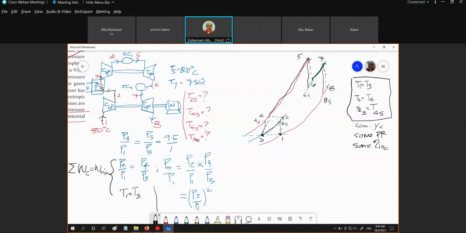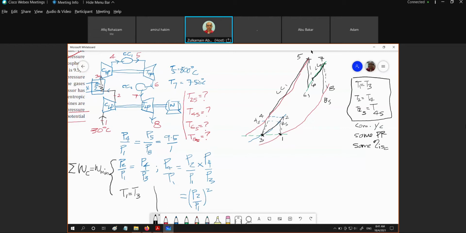So this is at CC1. This is at CC2. Of course, this is the first compression process, low pressure, high pressure compressor. This is for the high pressure turbine. This is for the expansion for the low pressure turbine. So what is the exhaust gas? The exhaust gas is the T8.